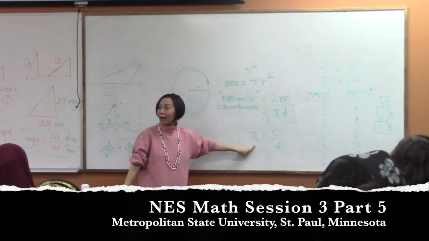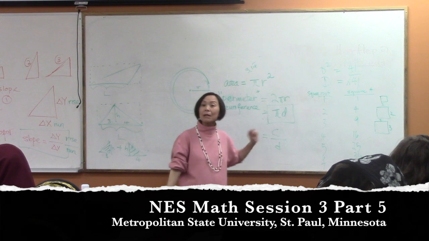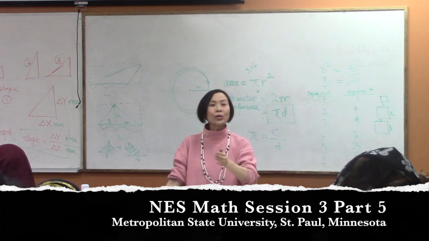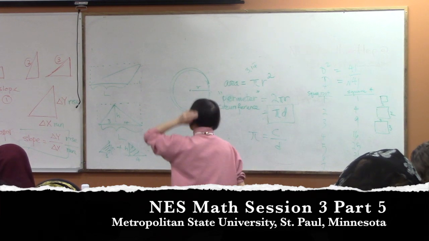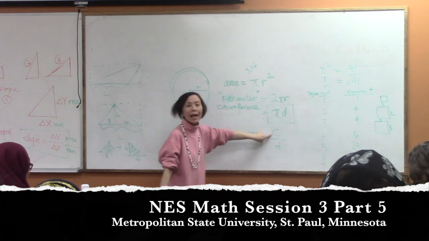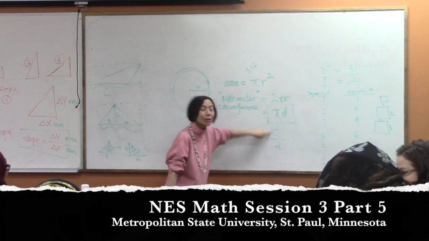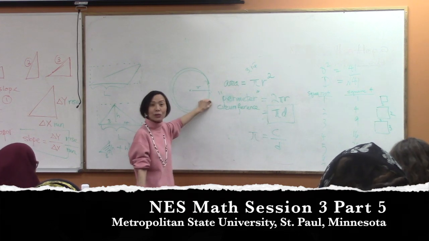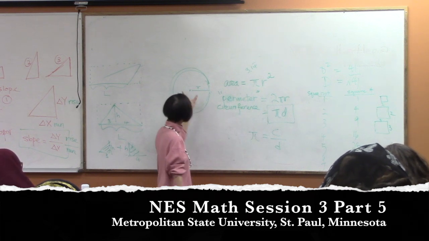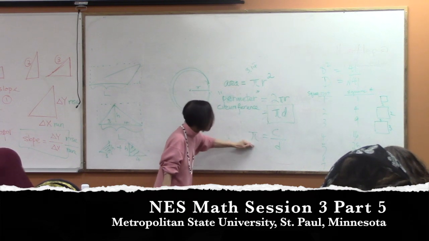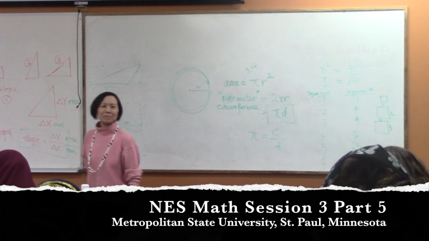So pi basically is a number that somebody came up with because they noticed a pattern. No matter what circles you have, it's like Fibonacci. If I calculate the circumference and divide by the diameter, it's always about 3 times. Always.